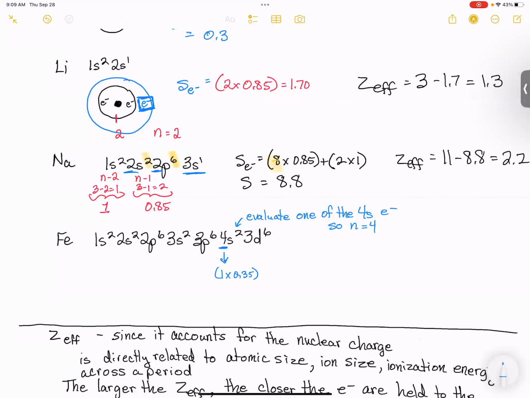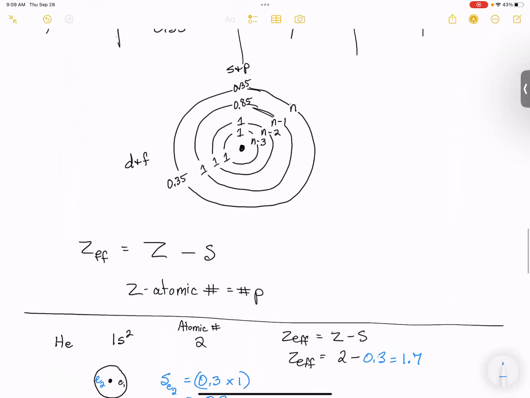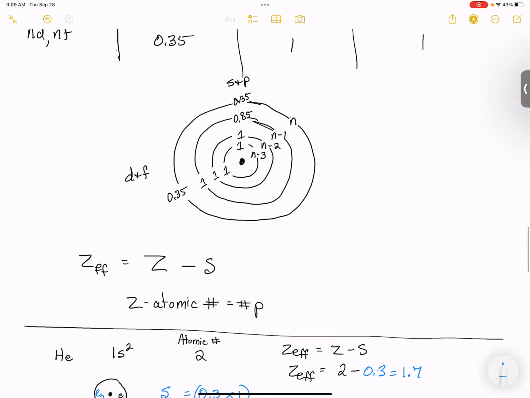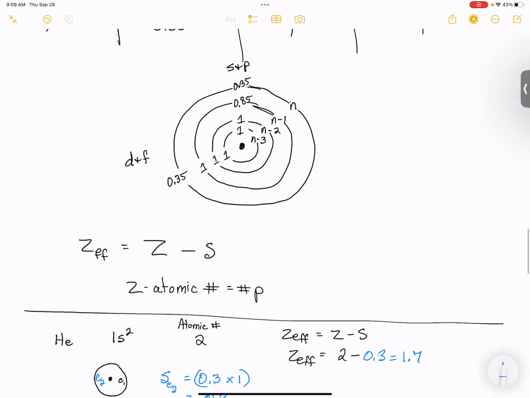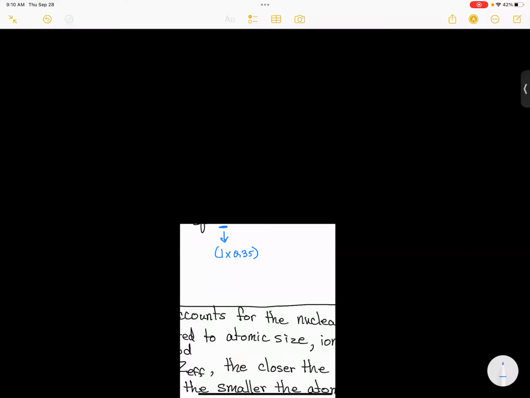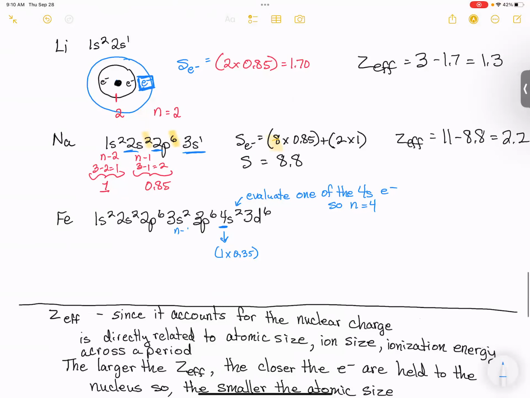Now, according to this table, if it's n minus 1 and it's an s or a p, it's 0.85. So these are n minus 1, because that will equal 3, and this is an s and p. So this is going to be 8 times 0.85.